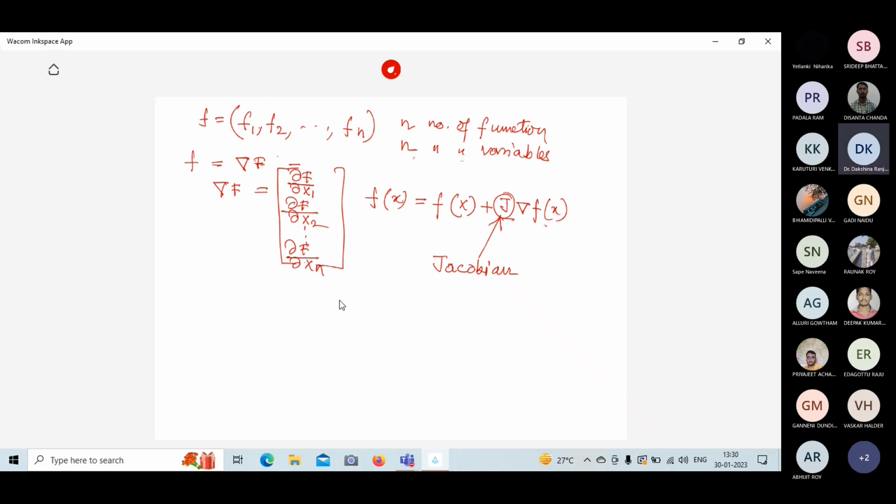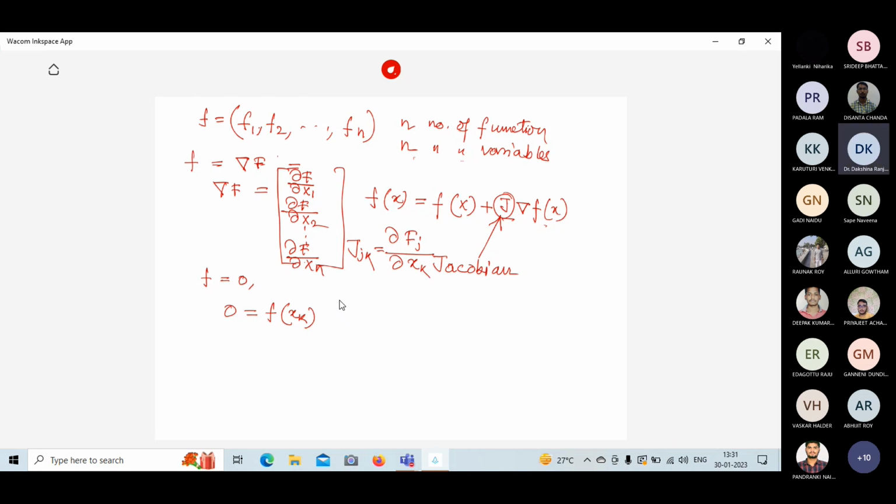Now let us consider, since we have to solve the function f equals 0, so we can write 0, and let us consider we are writing f of xk. What is the Jacobian? We can write jk equals del fj with respect to xk.